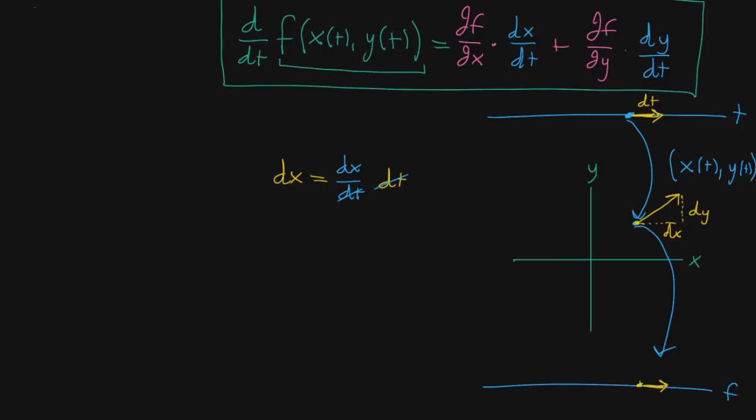And similarly, that change in y here is going to be somehow proportional to the change in t, and that proportion is given by the derivative of y with respect to t. That's the whole point of the derivative.